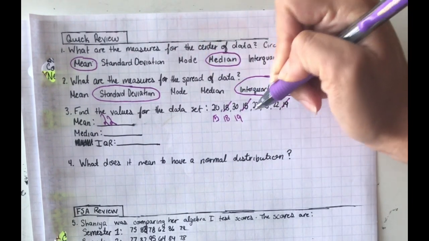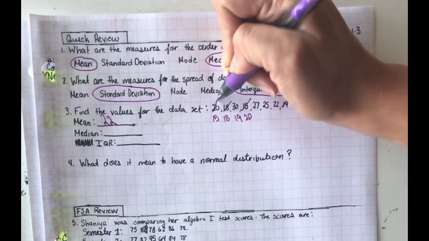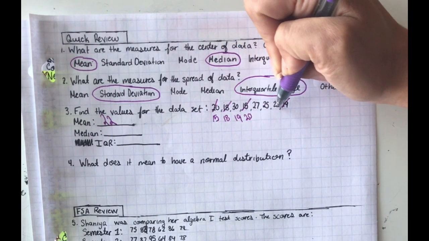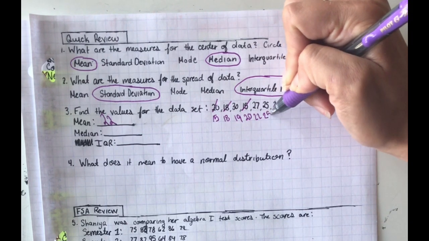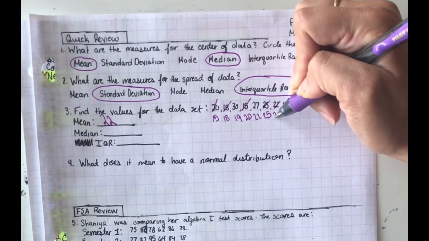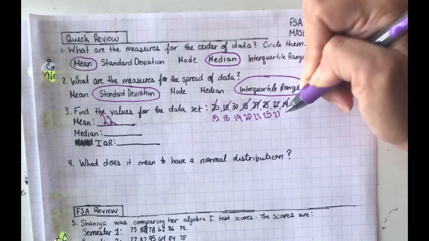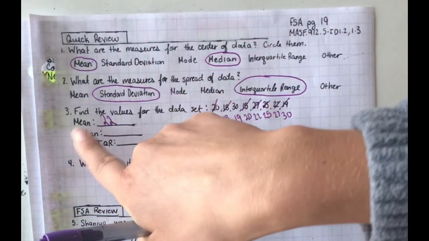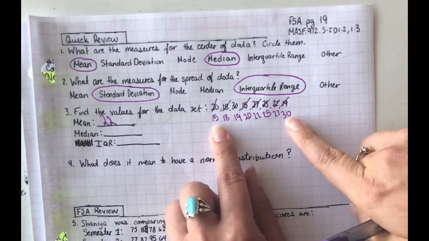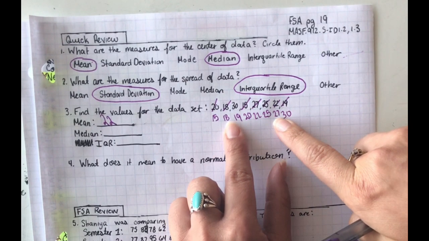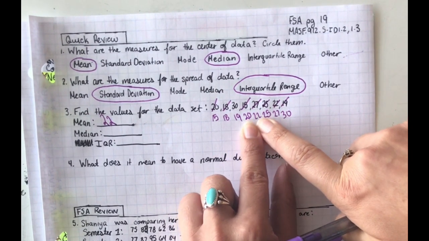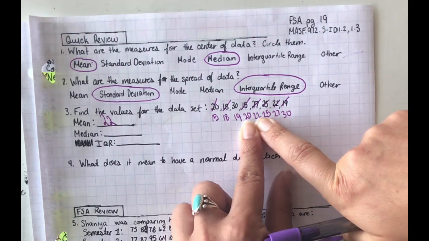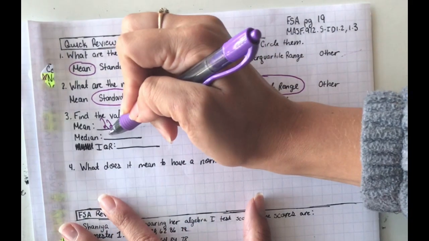And then my next is 20. 22. 25. 27, and 30. And now to find the median, I'm just going to go from either side and find the middle. It's going to be in between 20 and 22, which is 21.